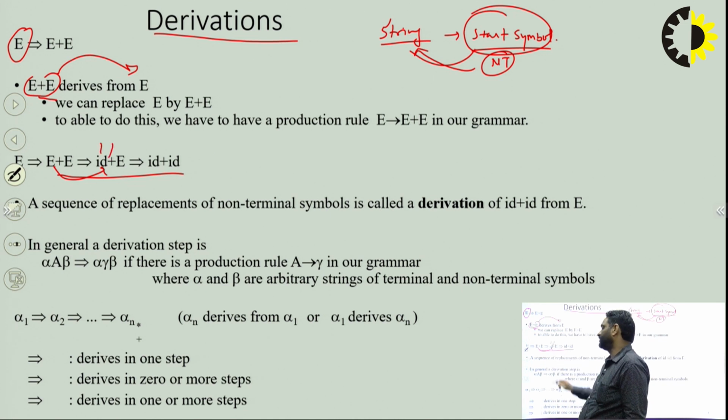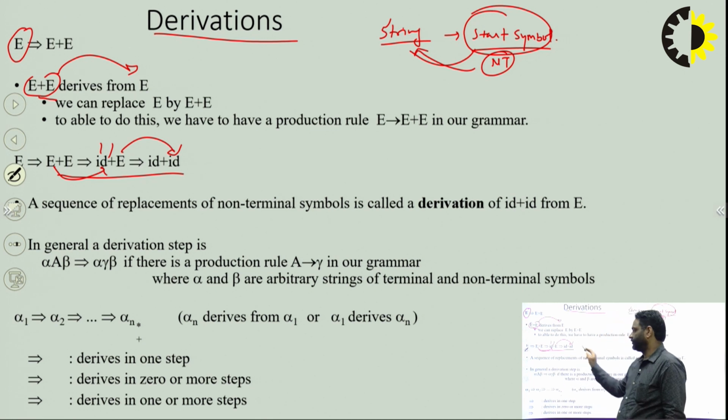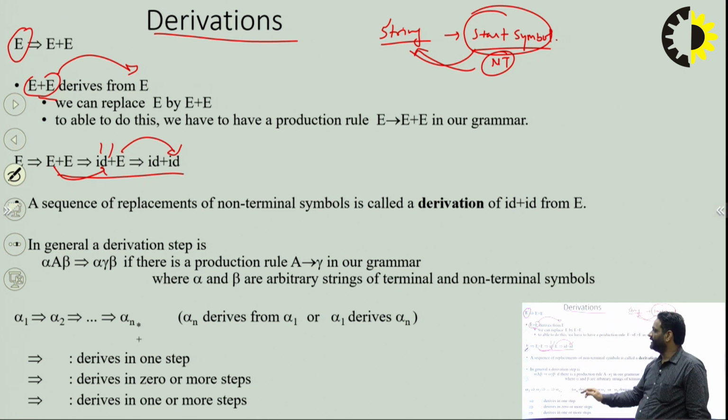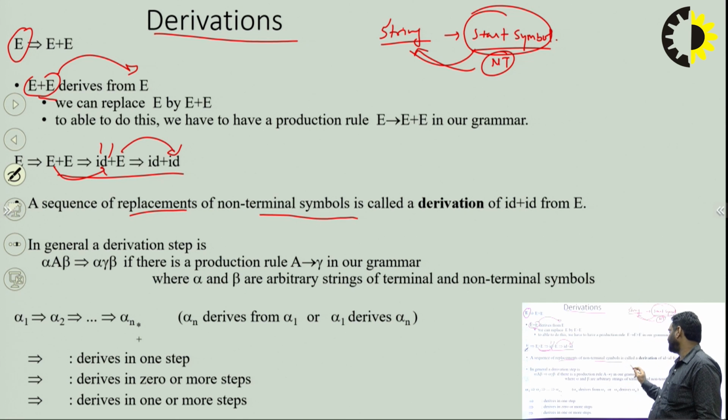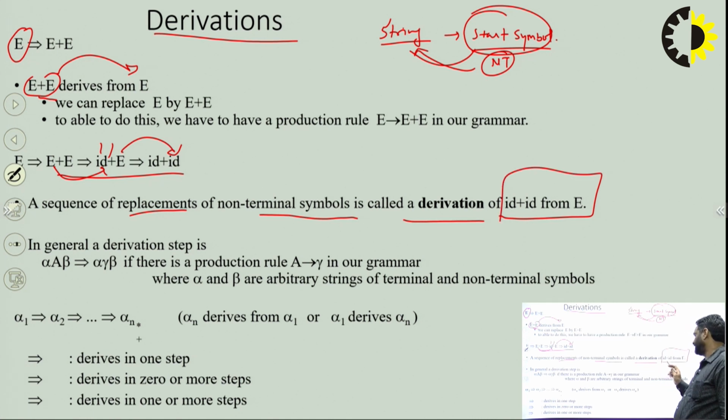So two symbols are matched, then this is also replaced by ID. We can see a sequence of replacements of non-terminal symbols is called derivation, as we did in the previous example. That is ID plus ID is getting derived from starting symbol E.